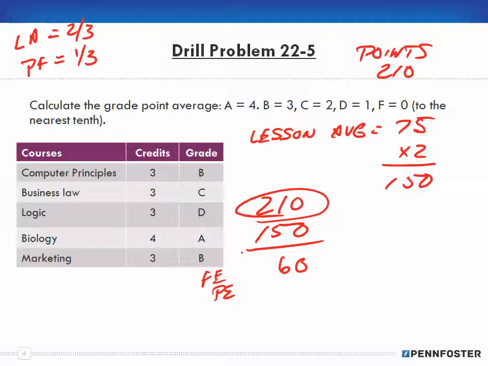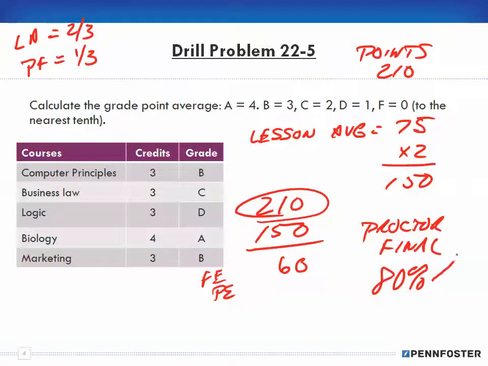But now here's the rub, okay? And I mean, this is not a hard and fast thing. This is just a subjective opinion on my part from grading proctor exams. I find that most students get on their proctor exam or their final about 80% of whatever their lesson average was. 80% of 75 is about a 56, maybe a little bit more.